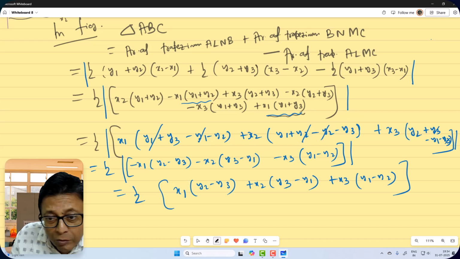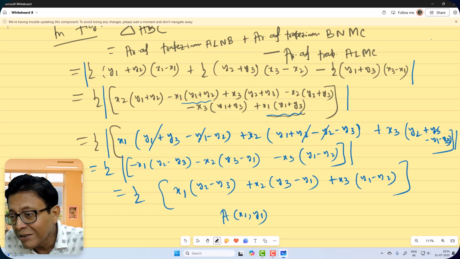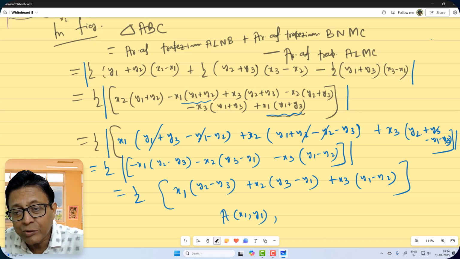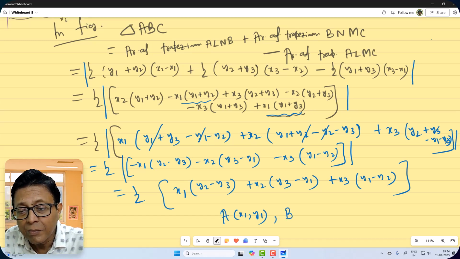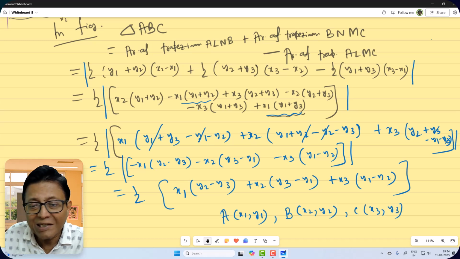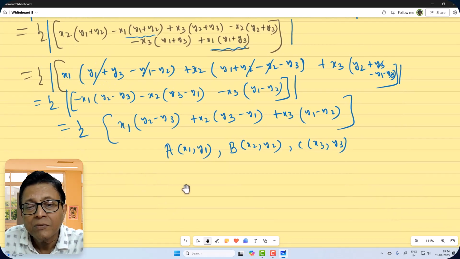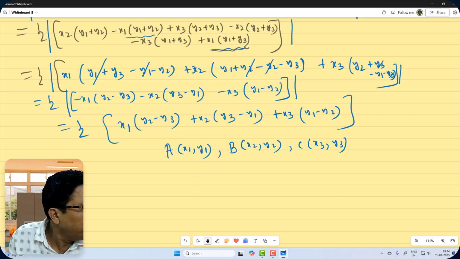So if I follow this sequence, I am writing here for your better memorization of the formula. A is x1 y1, B x2 y2, C x3 y3.